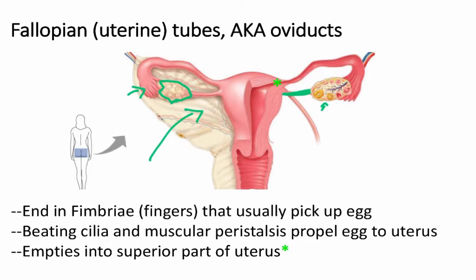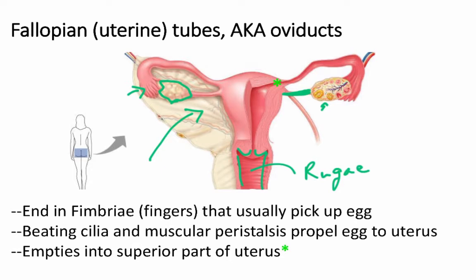And again, that helps to anchor things in place. So you've got the cervix here and the vagina, which contains rugae, ridges that allow for expansion.